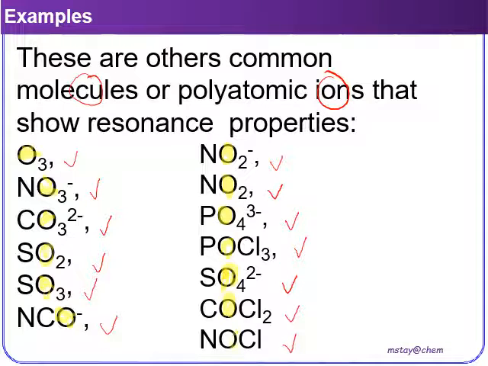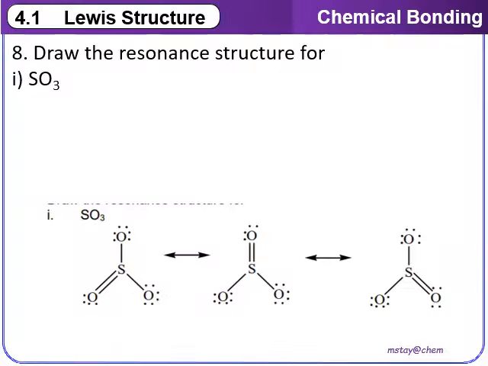So this is just a very general and quick summary, but not all, just the majority of resonance structures may consist of oxygen atoms. Okay, now we are going to continue with tutorial question number 8.